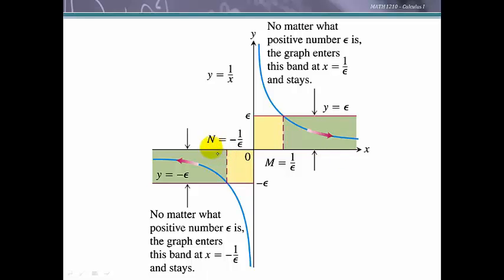And if we were approaching negative infinity, for our function 1 over x, as long as the number was smaller than negative 1 over epsilon, you can see that we would be within epsilon of L, in this case L being 0.